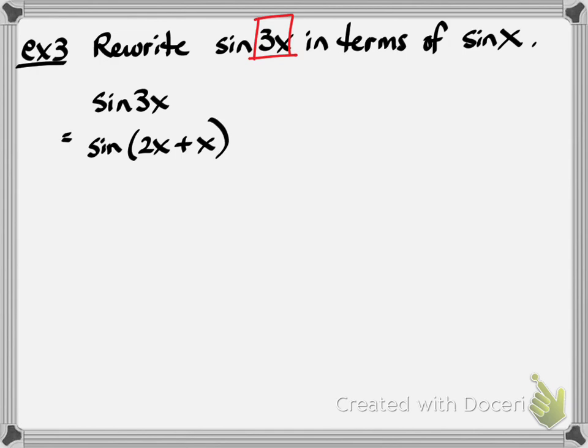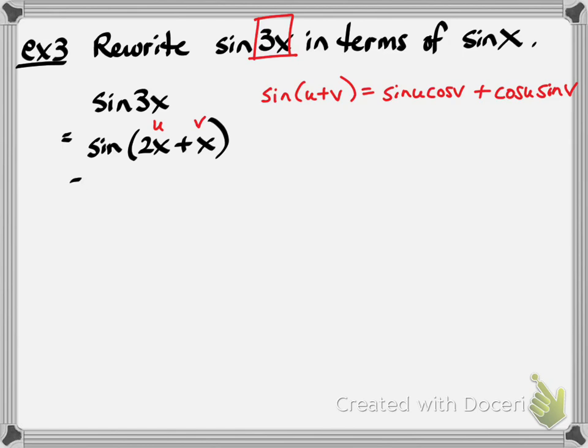We could rewrite it that way. And then that's the sine of u plus v from the other day. I'm just going to write it here, which is sine u cosine v plus cosine u sine v. That's the sine of a sum formula from the other day.